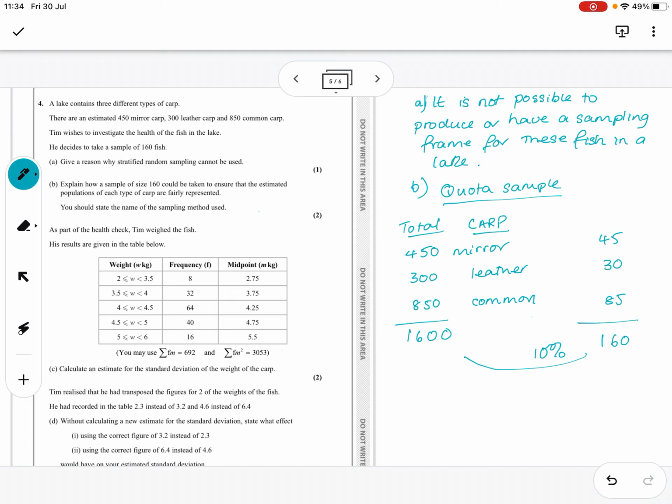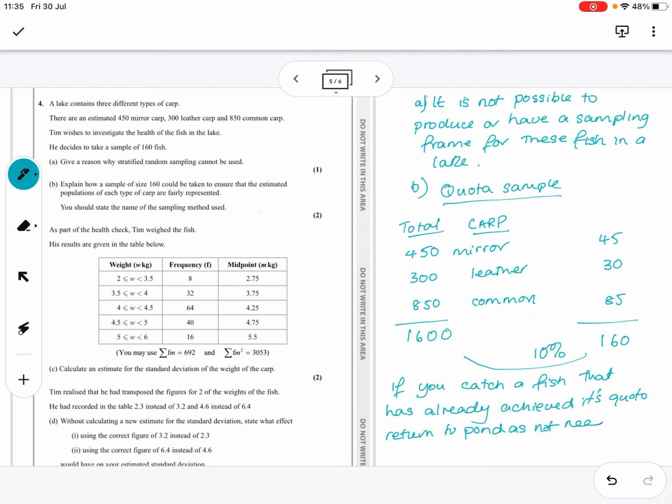And then if you catch a fish that has already achieved its quota, return it to the pond as not needed.